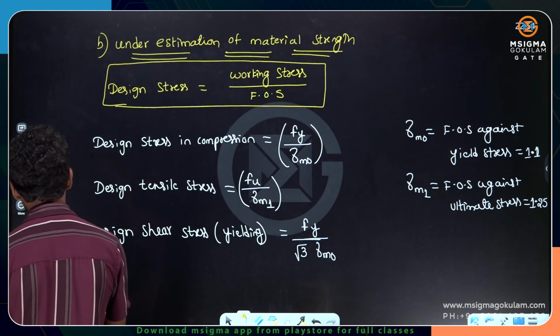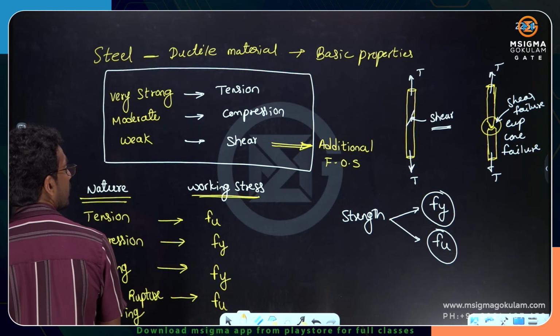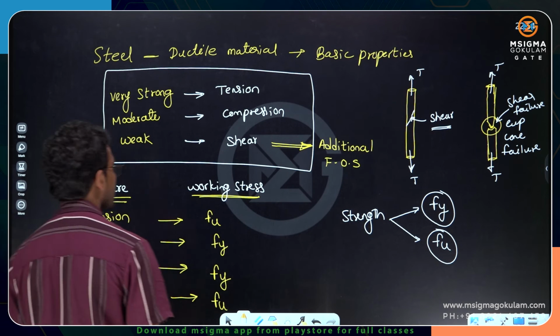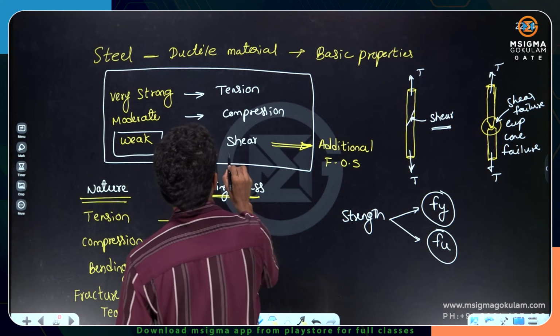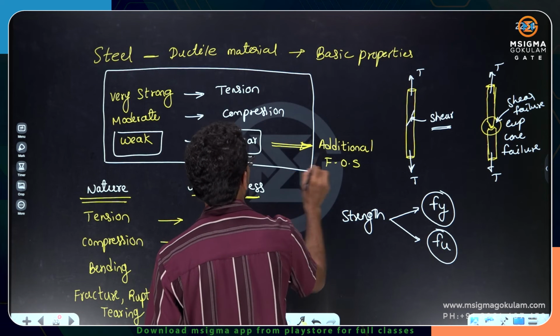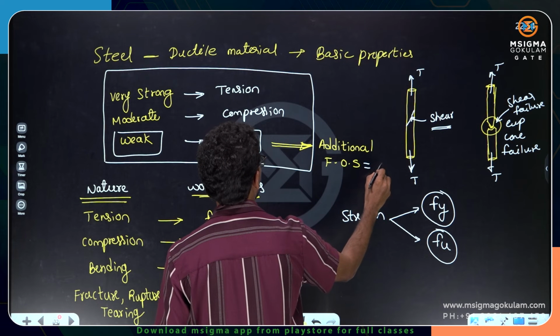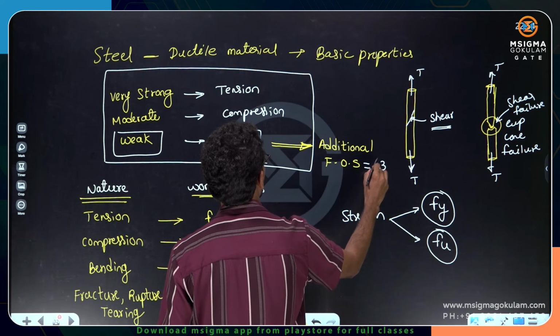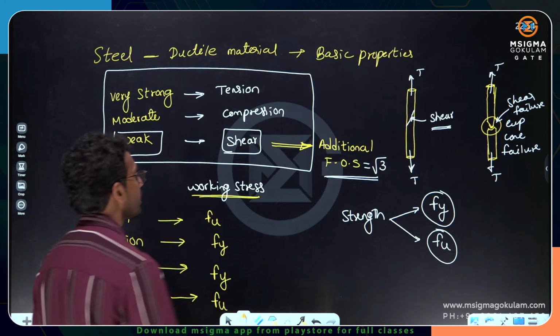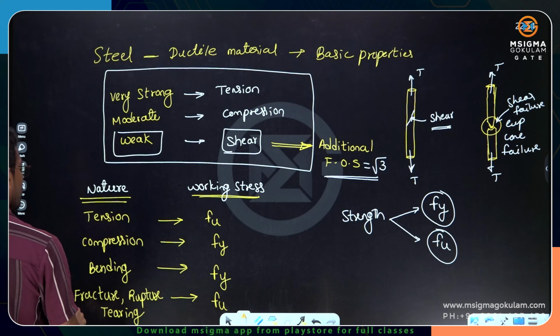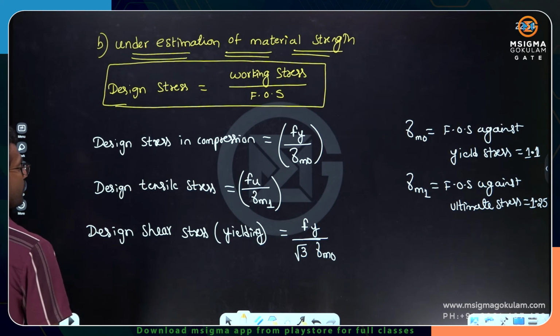So, if you want, I will write it there itself so that you will not get confused. Because steel is very weak in shear, we need to have an additional factor of safety which is equal to root 3. So, root 3 is the additional factor of safety recommended by our Indian Standard. Okay, please try to understand this.